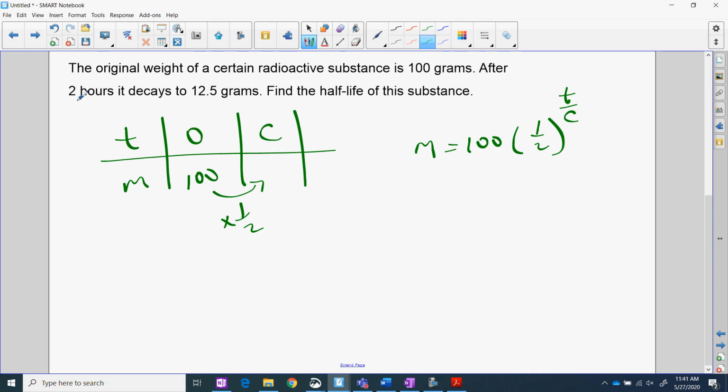They told us this is that other piece of data they'll give you. Then you use that to figure out the c value. So they told me the mass is going to be 12.5 grams after 2 hours. Make sure you don't mix up the t and the c, right? This is the time that has elapsed. C is your scale up here.